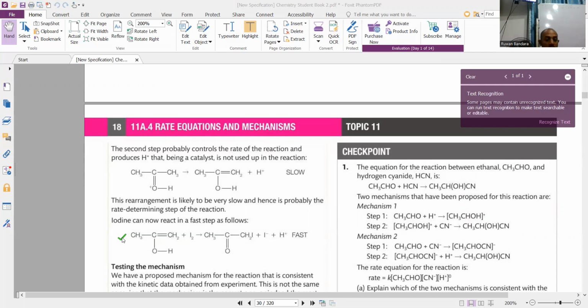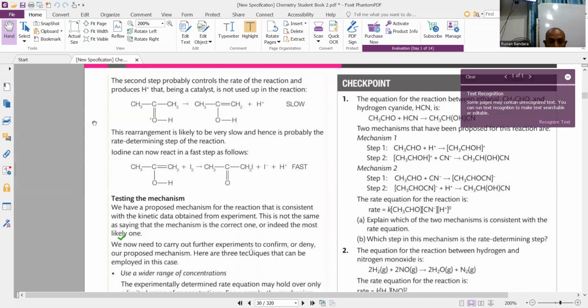Testing the mechanism. Done. So we have to check whether the mechanism is correct or wrong.